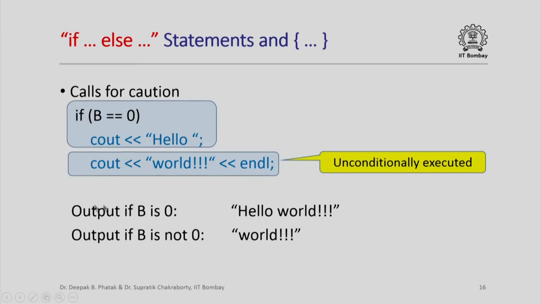So therefore, if b is 0, hello would be printed, and then because this is unconditionally executed, world would also be printed. However, if b was not 0, then hello would not be printed, but just world would be printed.